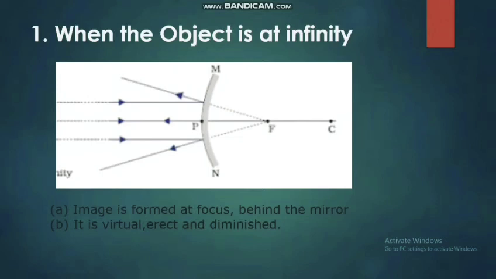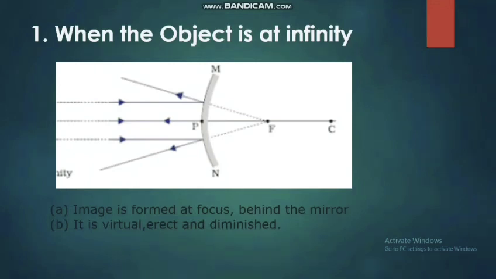Next, the second case. Since the image formed by the convex mirror is always virtual, it has only two cases. When the object is between infinity and the pole, it is the second case. So we can put the object anywhere in front of the convex mirror. Here again we take the same thing.